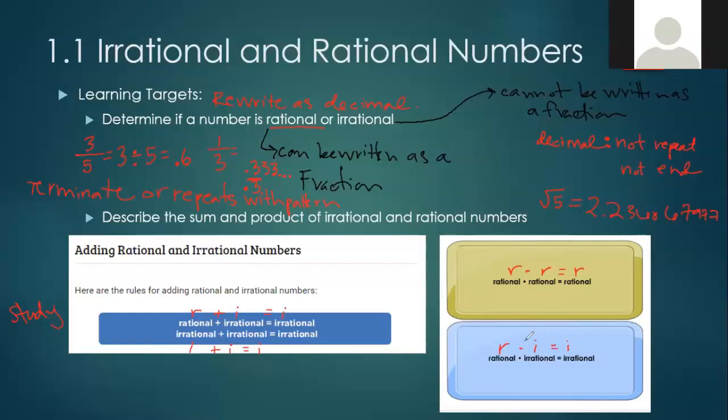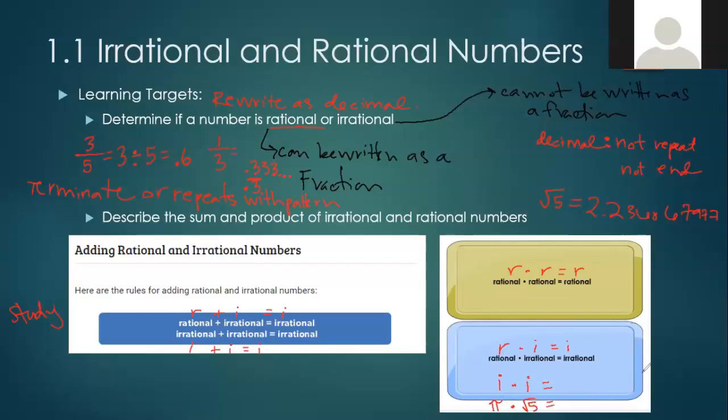Here's one that's not on here. What about an irrational times an irrational? Irrational number times an irrational number. Well, if you're not sure, go ahead and assign some real values to that. Why don't you do pi times square root of 5?